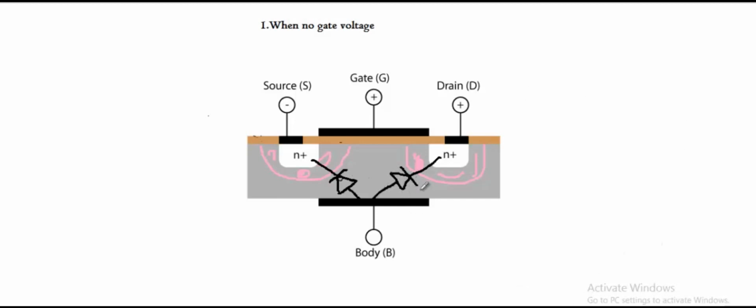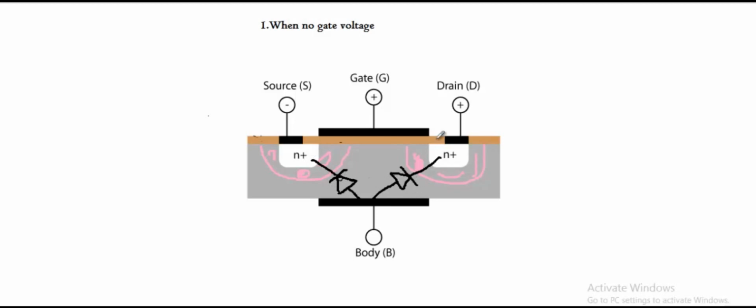So if you observe two things, this is an N-type material and this is a P-type material, so therefore some depletion takes place here, and this is an N-type material and this is a P-type material, there is a depletion region here, and these both diodes are connected in series. So this diode and this diode, they are connected in series.